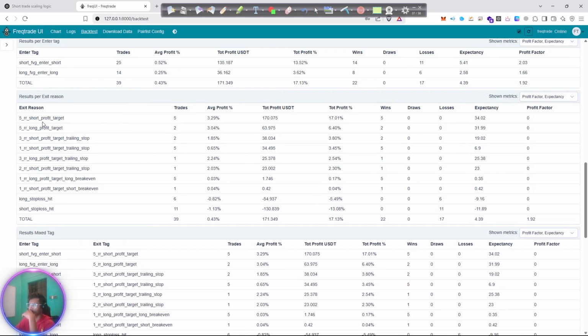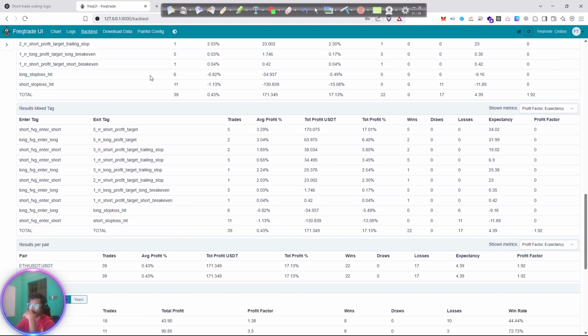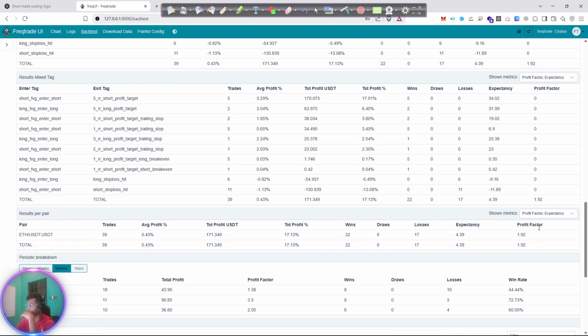And you can see all the exit reasons there, and enter results, enter trades as well. On 5RR, there five trades got exited with this much profit, and 5 wins, this total expectancy. I mean, overall we need to see the total here, and we see 1.92 profit factor.